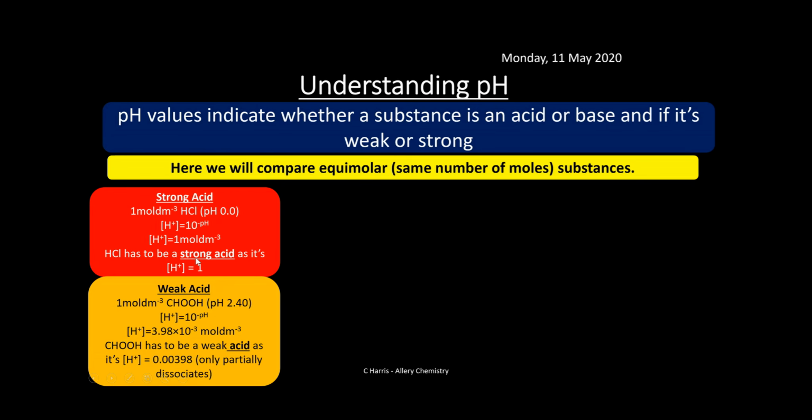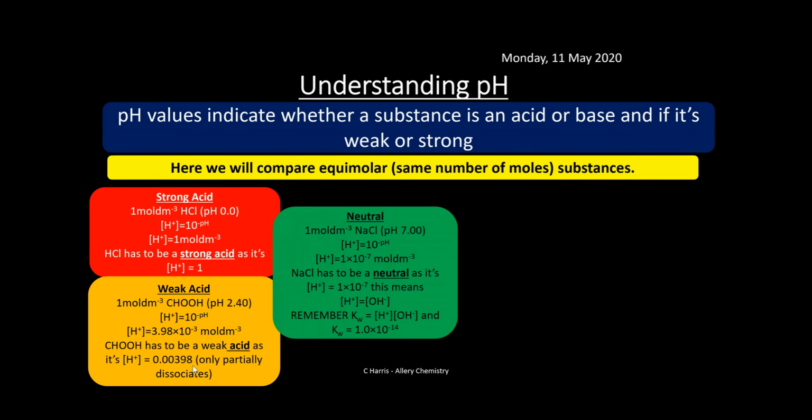So 1 would signify that it dissociates fully. The further away it is from 1, the weaker it dissociates. We can see that it partially dissociates. Both produce H plus ions, 1 H plus ion per molecule to keep it fair, but you can see that the weak acid is not producing nowhere near as many H plus ions as the strong acid.